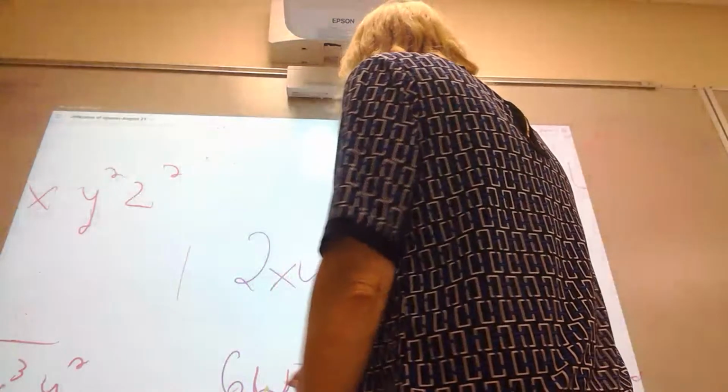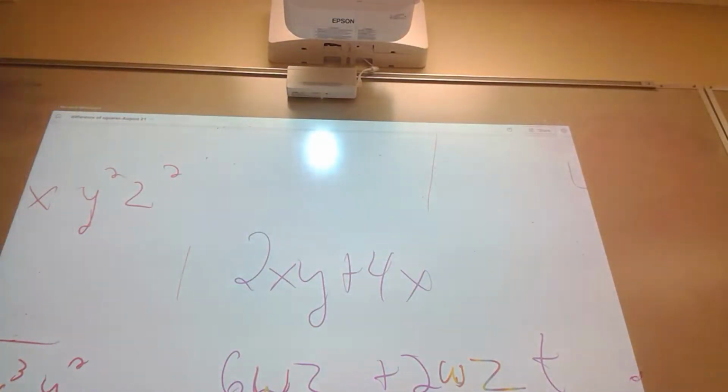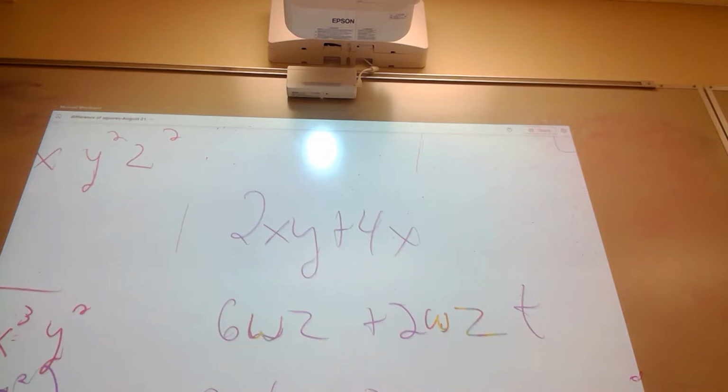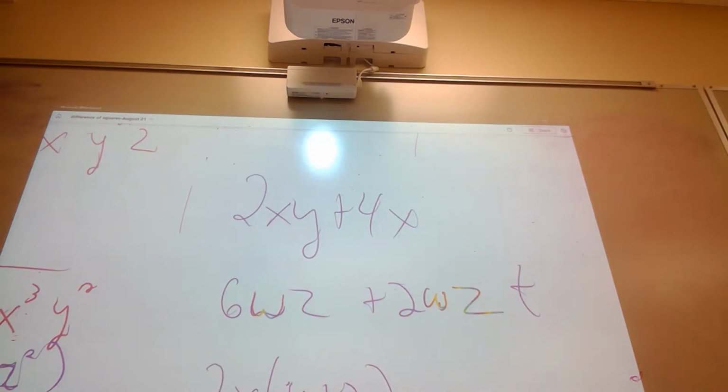What do 6 and 2 have in common? W, W, Z, Z. So for the first one, you should have gotten 2x times y plus 2. We pulled out the 2x. That left us 2x and y plus 2. The second one, 6 and 2 have 2 for their common factor.